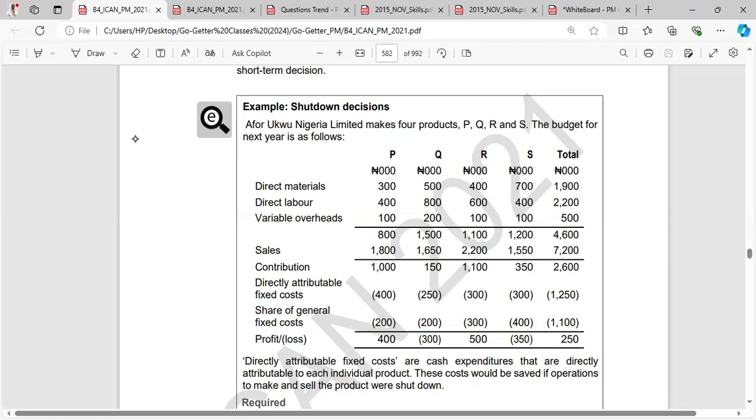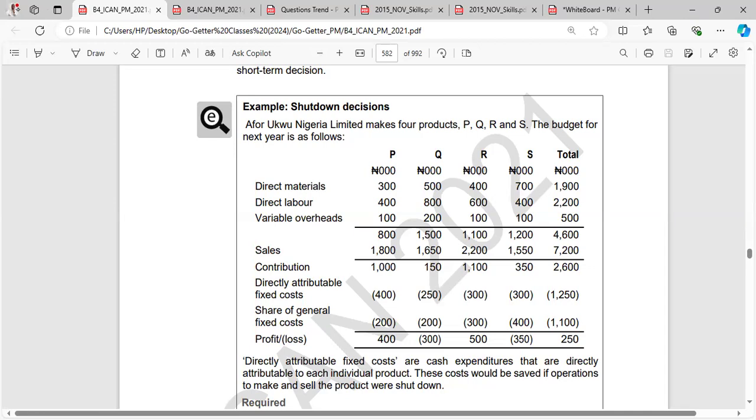Then we have the direct labor and the variable overhead. So these, direct materials down to variable overhead, are all variable costs. So when you add all these variable costs, it gives you 4,600,000.